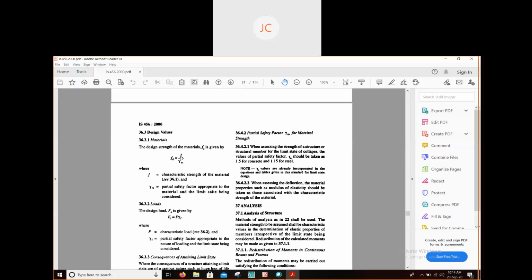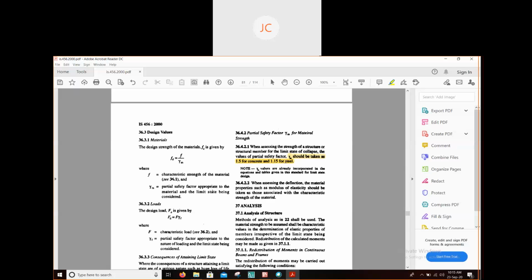Here, for concrete it is 1.5 and for steel it is 1.15 partial safety factor.